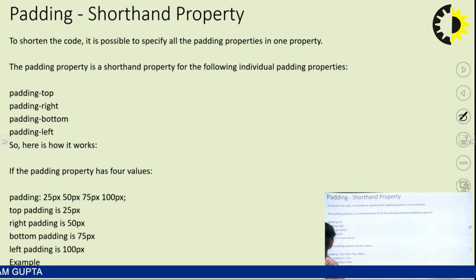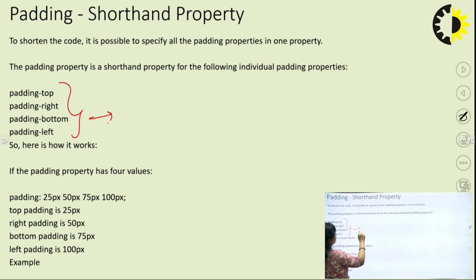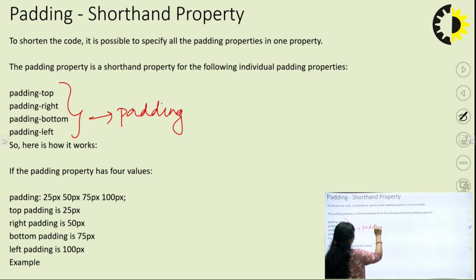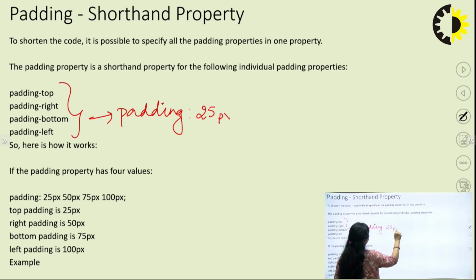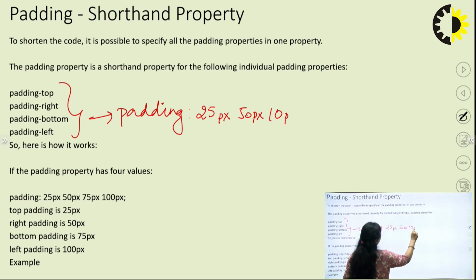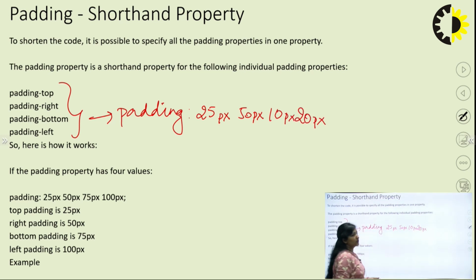Just use the property padding and all 4 values together, like 25, 50, 10 and 20. So this is how the padding shorthand works.